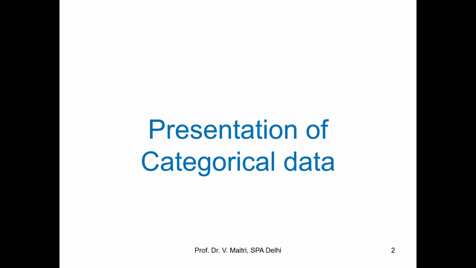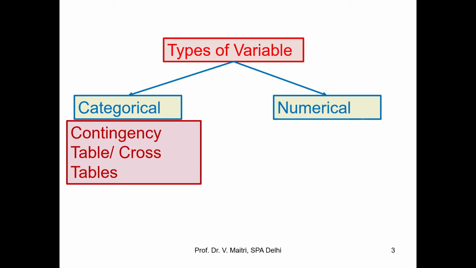Today my discussion is limited to categorical data, and we know that variables are of two types: categorical data or numerical data. Data presented in the form of a table is known as a contingency table or cross table. Once again, you cannot do much more mathematics, or go beyond a certain limit, for categorical data in comparison to numerical data.